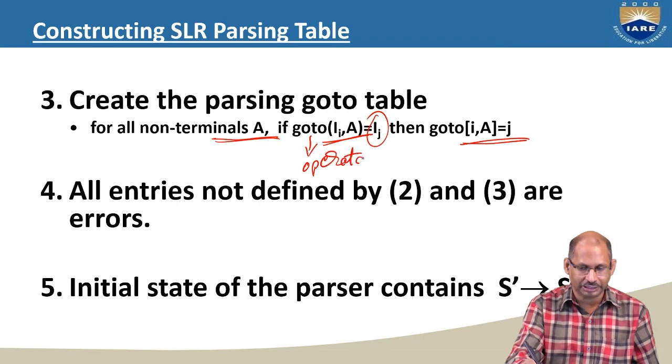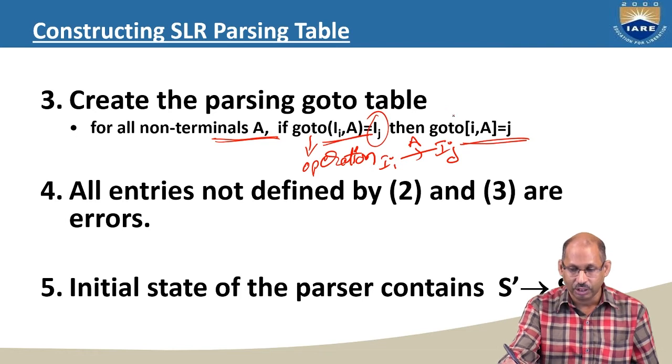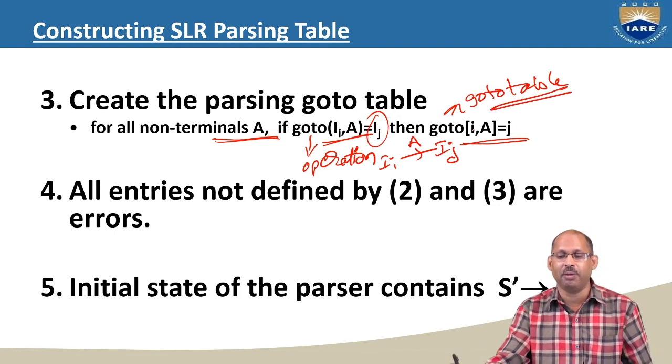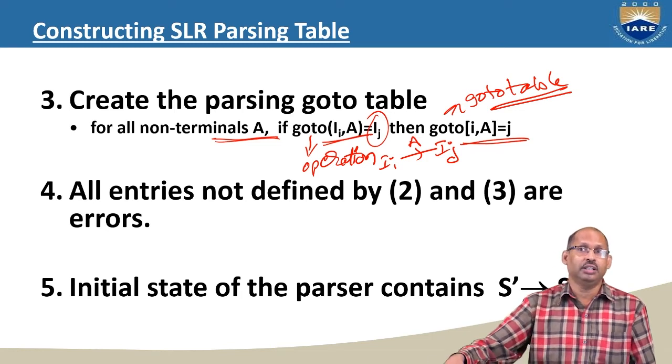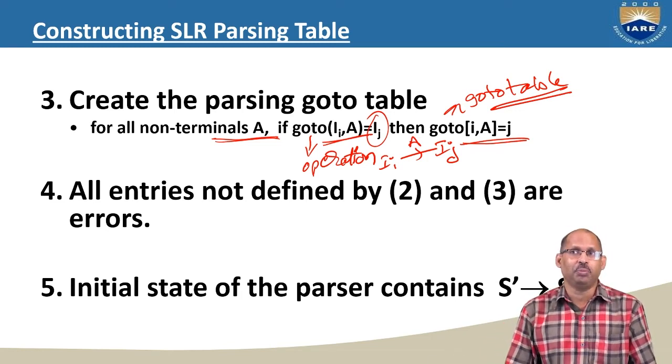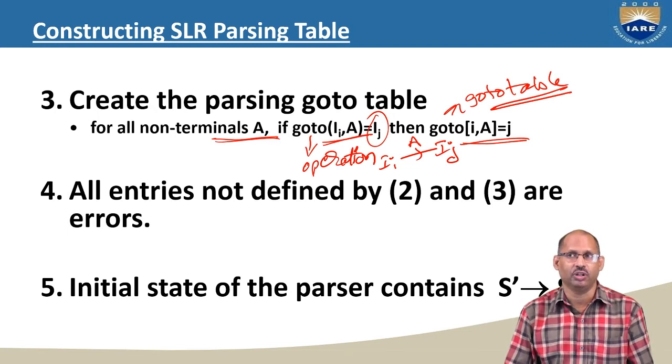This Goto operation says that I on A goes to Ij, so simply we write it in the Goto table: I comma capital A equal to J. Here all entries not defined by 2 and 3 are errors. The initial state of the parser contains S dash gives dot S.